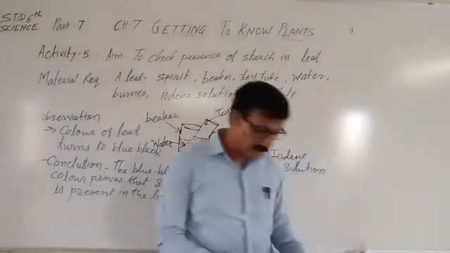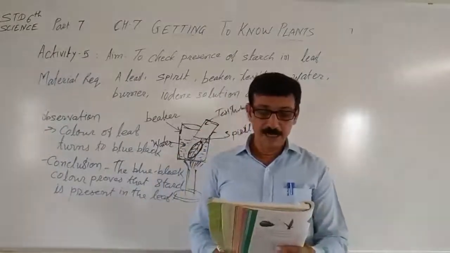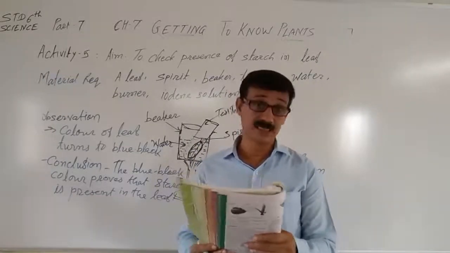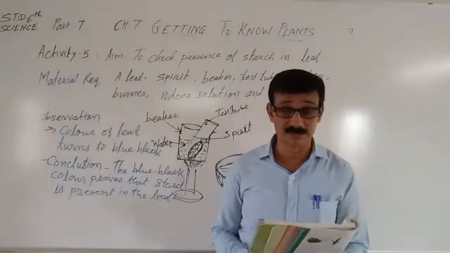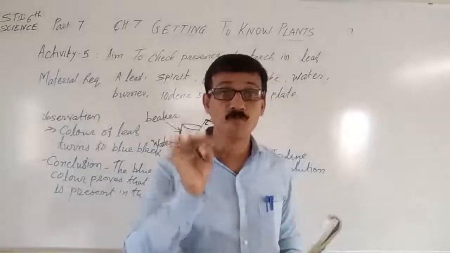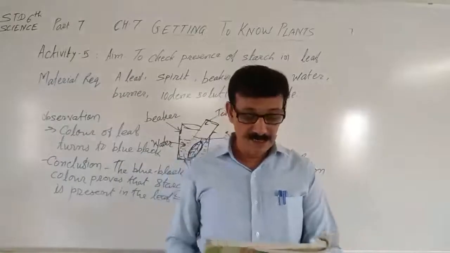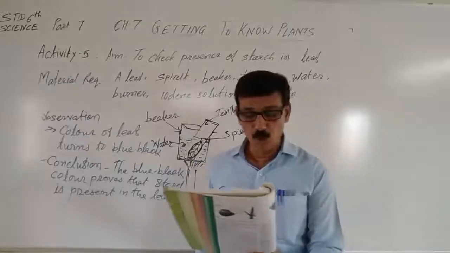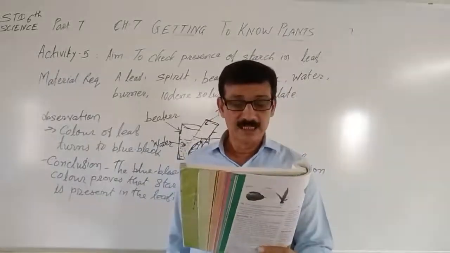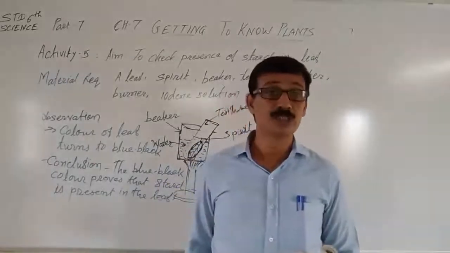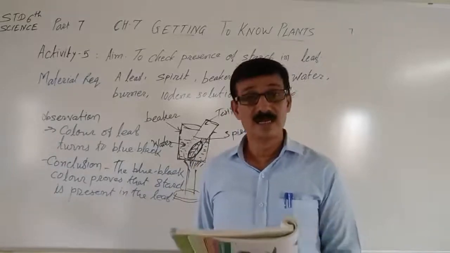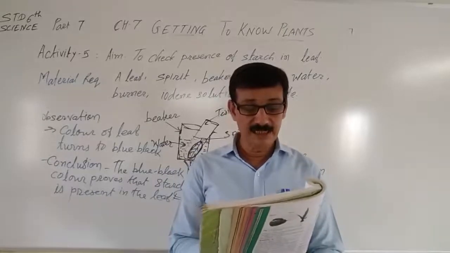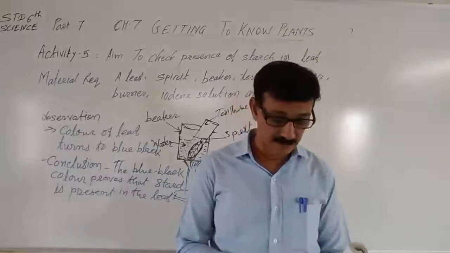That is why it is written that leaves prepare their food in the presence of sunlight and a green colored substance. It is also very important: the green colored substance is known as chlorophyll. Remember, chlorophyll is present in them. For this they also use water and carbon dioxide. This process is called photosynthesis, and oxygen is given out in this process.